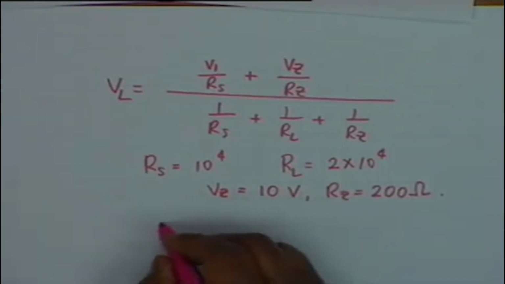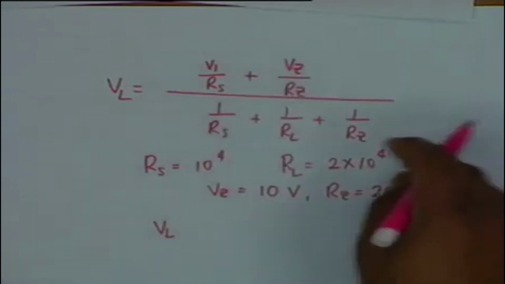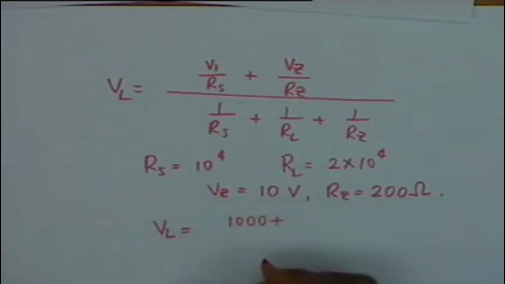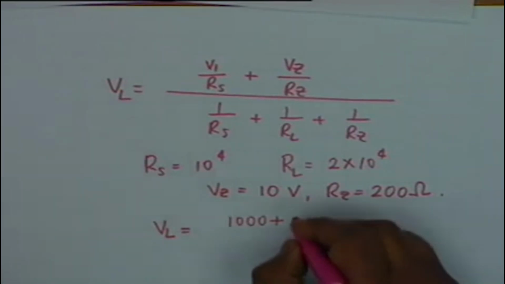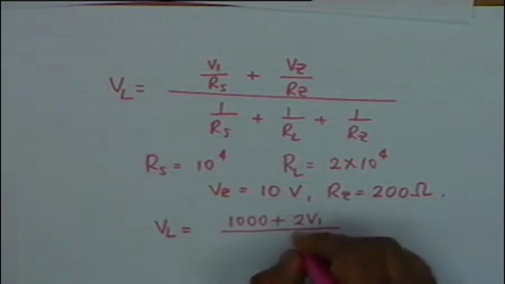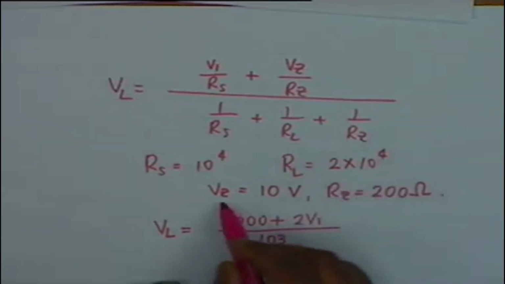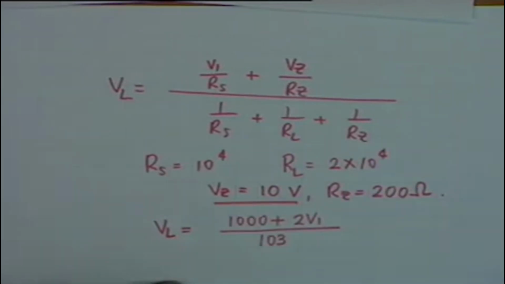Then you can show that if you substitute these values, VL is 1000 plus twice V1, divided by 103. Again I skipped the arithmetic. Now VZ is 10 volt.